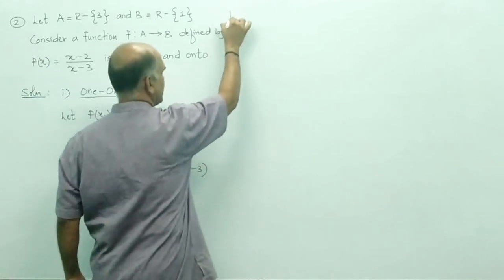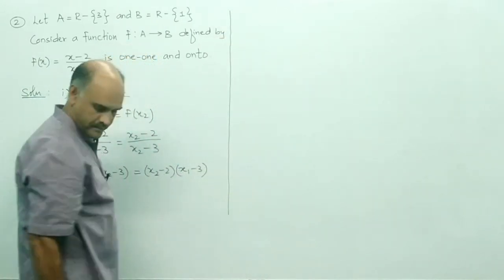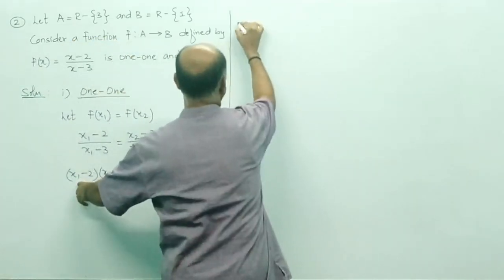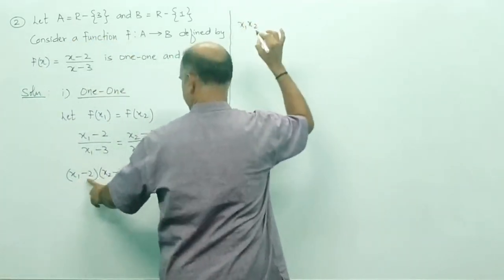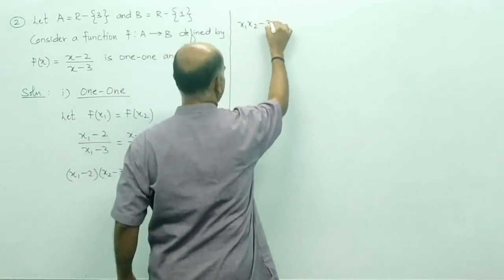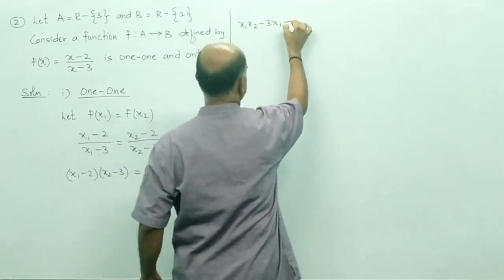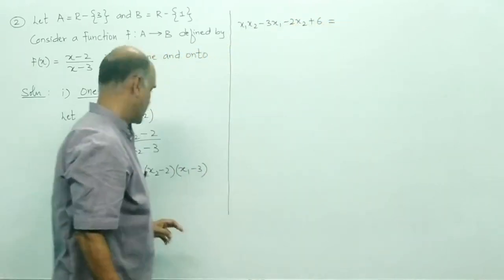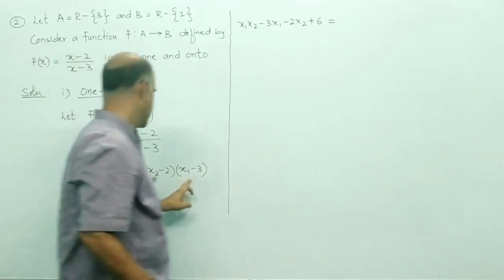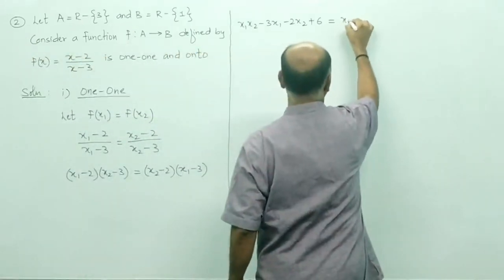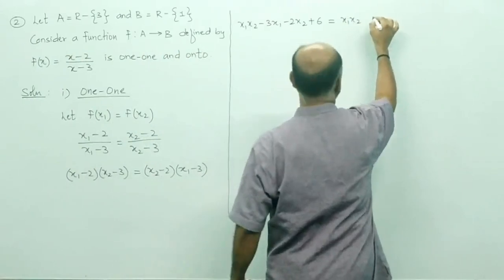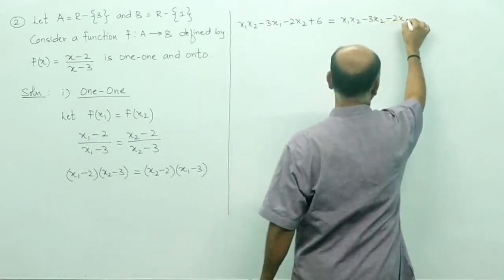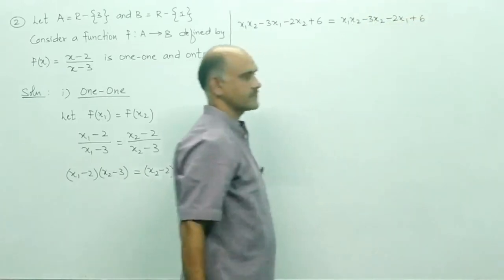Now multiply both sides, so simplify. If I multiply the LHS, I will have x1 x2 minus 3x1 minus 2x2 plus 6 is equal to, if I multiply the RHS, x1 x2 minus 3x2 minus 2x1 plus 6.